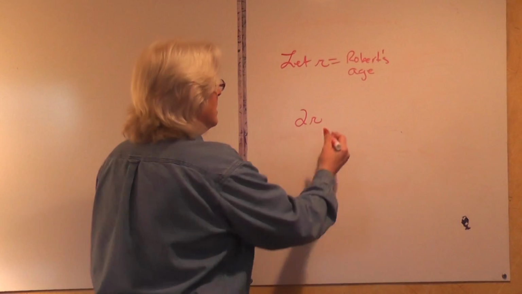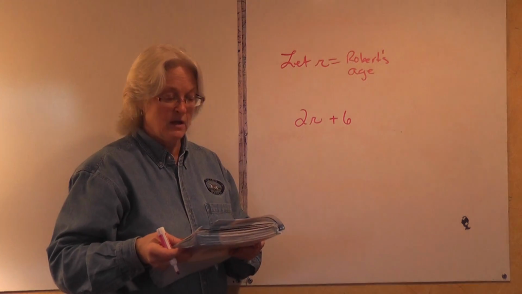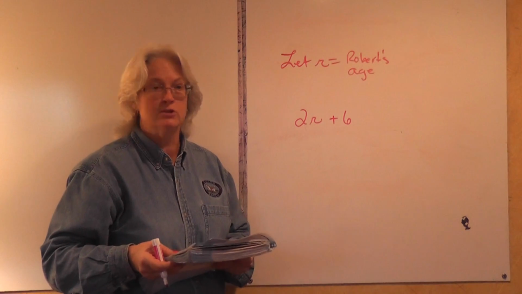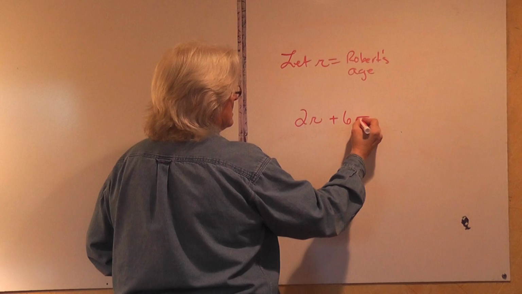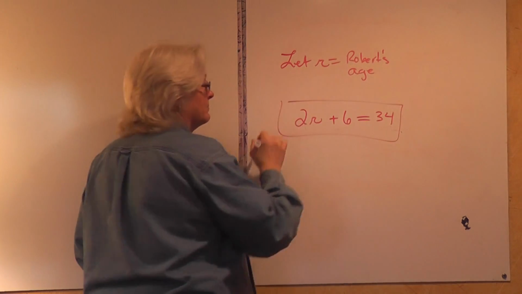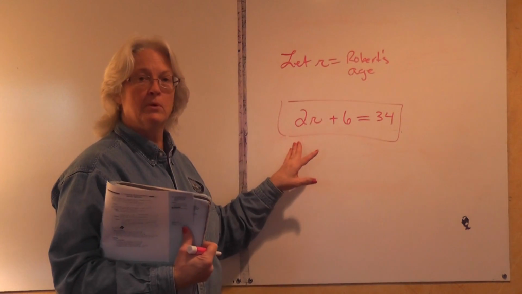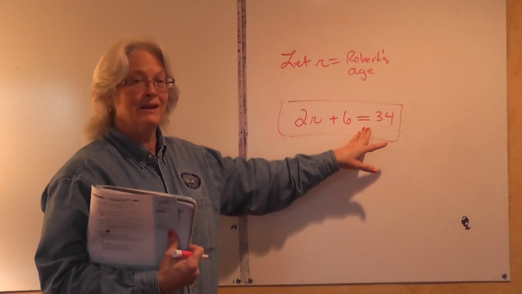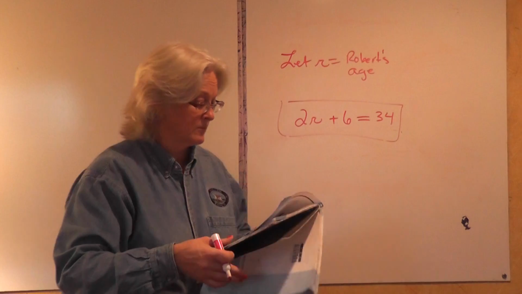It means addition. And increased by 6, the result is Sally's age, which is 34. The result is equal to Sally's age, which is 34. When Robert's age is doubled and increased by 6, the result is Sally's age of 34.